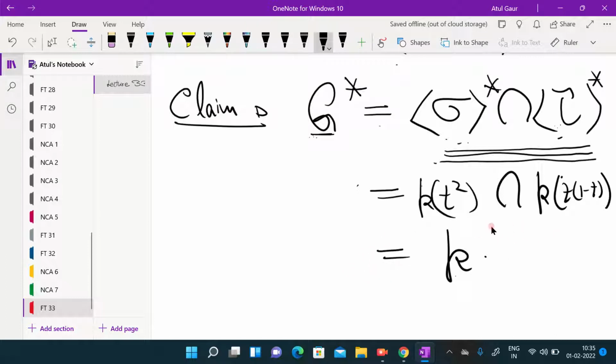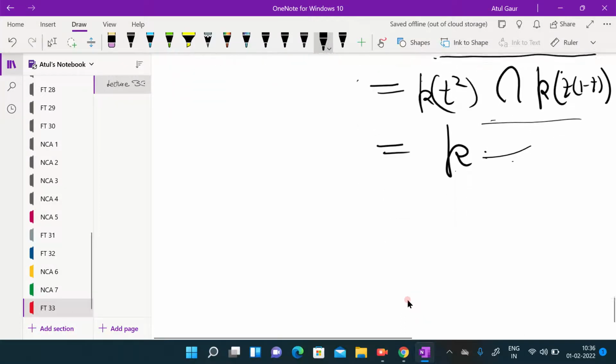This is my claim. I am interested in this only, because the first two equalities follow by definition simply. Not a big deal, right? So the third equality is the claim. This we want to establish.